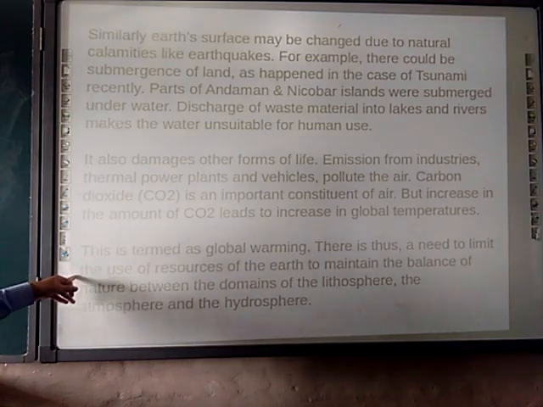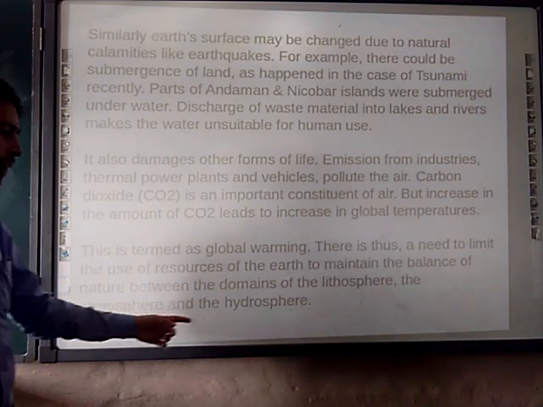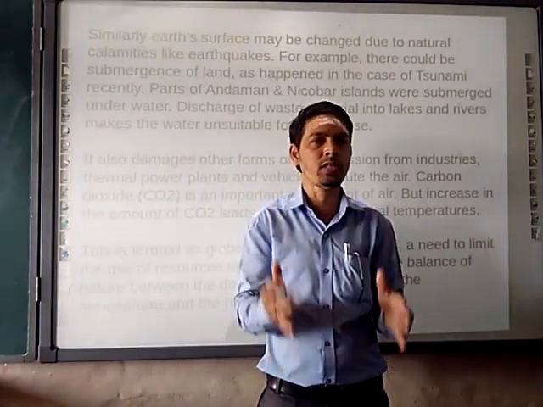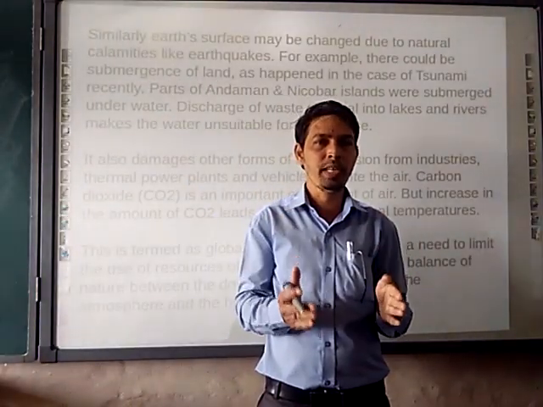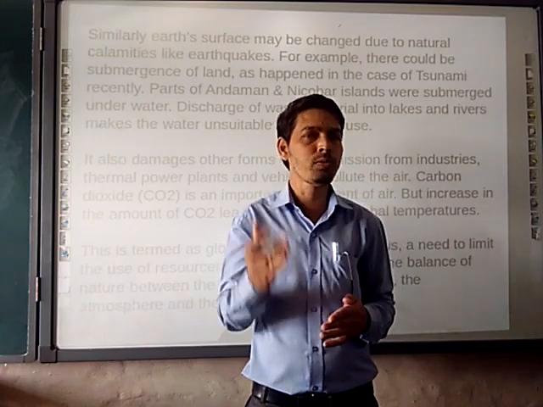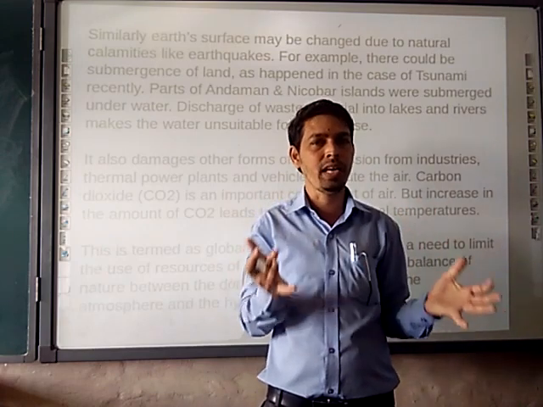There is thus a need to limit the use of the earth's resources to maintain the balance of nature between the domains of lithosphere, atmosphere and hydrosphere. So here the main responsibility is ours, to judge our needs in a proper way. We should not exploit lithosphere, hydrosphere and atmosphere, so that in the biosphere we can live happily.